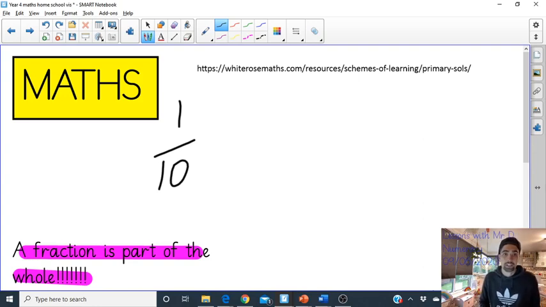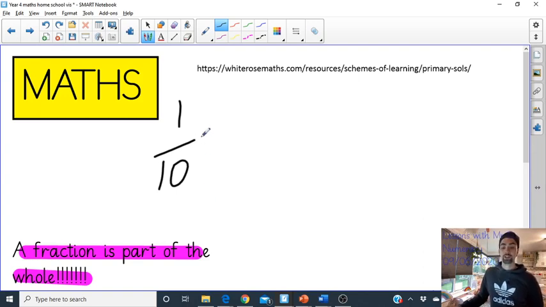All that it's saying is that I have my whole, and I've divided it, that fraction line, into 10 equal parts. My whole was a chocolate bar, but it could be a number, and I could divide 10 into tenths, and then have 10 tenths. I could divide a chocolate, an orange, a cake, a number, a car. I can divide absolutely anything into a fraction, and this fraction here is tenths, so I'd be dividing it into 10 equal parts.